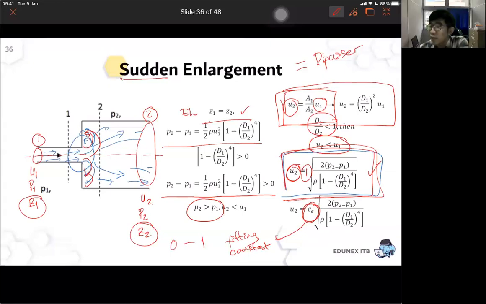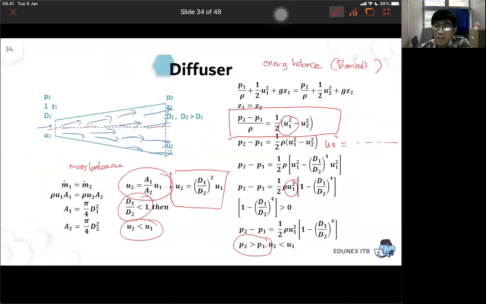You can try later. Please try to rederive. You do exactly the same calculation as the diffuser, but calculate it as U2. This one as U1, right? Or actually you can rewrite this equation and put U1 on the left side and all the parameters on the right side.